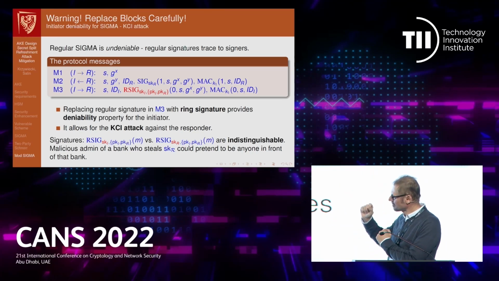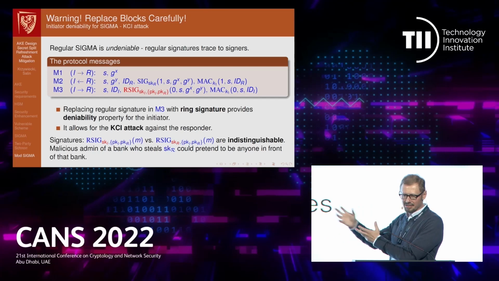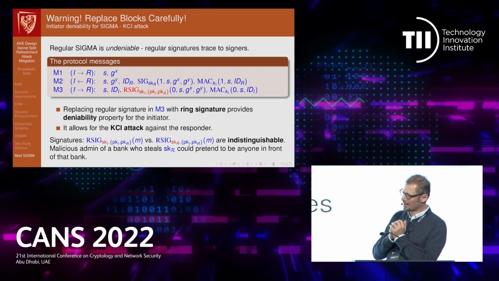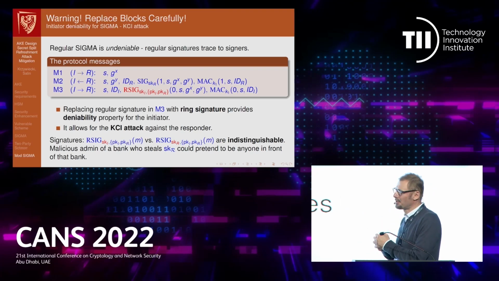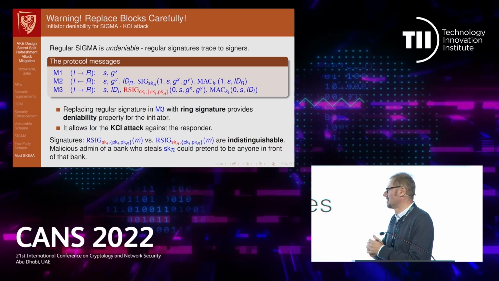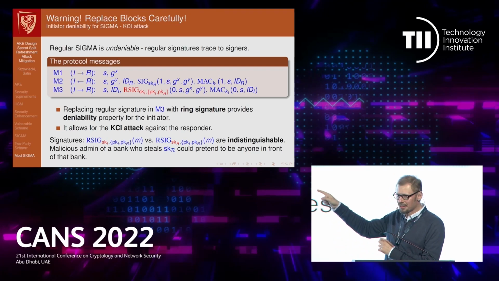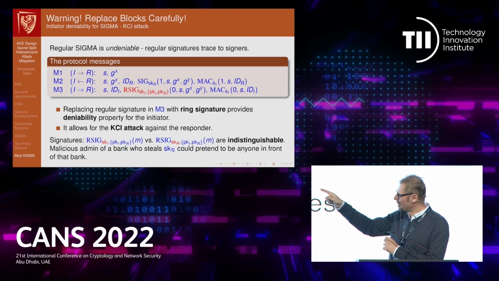Bank is Bob. So the malicious administrator extracts the secret key of the bank, then goes home, okay, and tries to run this protocol with the bank, pretending to be some wealthy person. I don't know who is wealthy, Elon Musk, okay? He's pretending to be Elon Musk, using the bank's secret key to prove to be Elon Musk, sending Elon Musk's identity, Elon Musk's public key, etc.